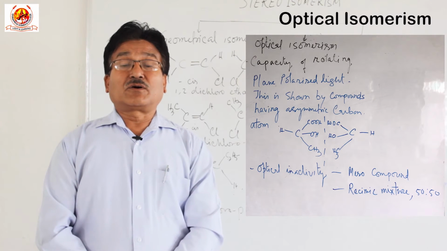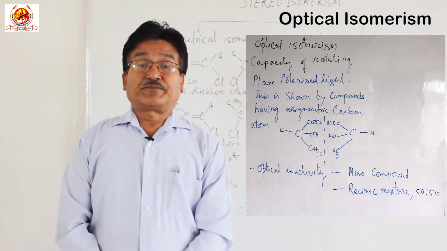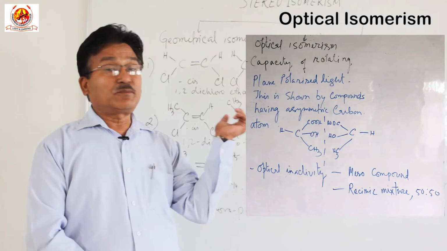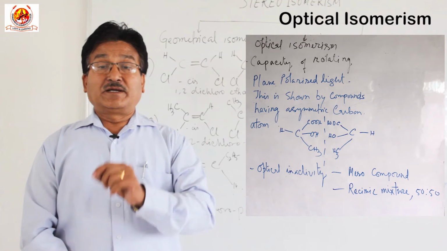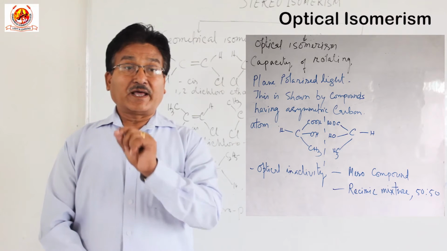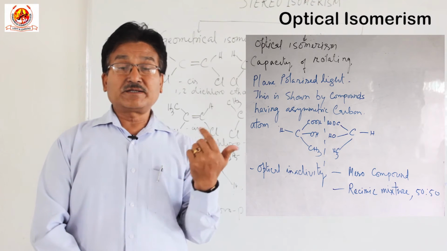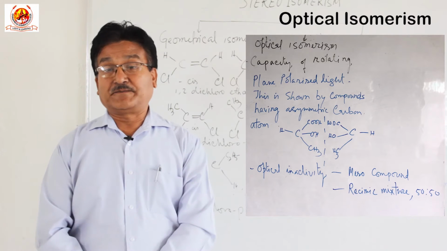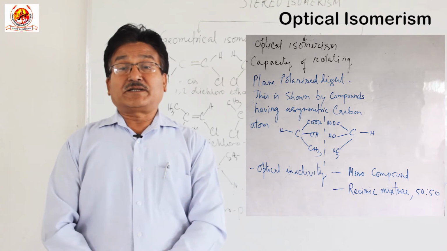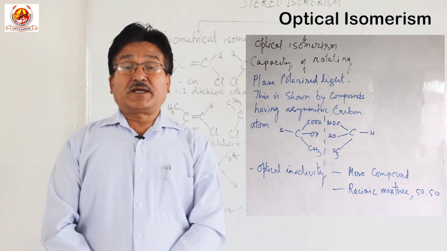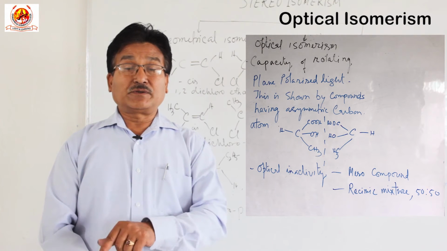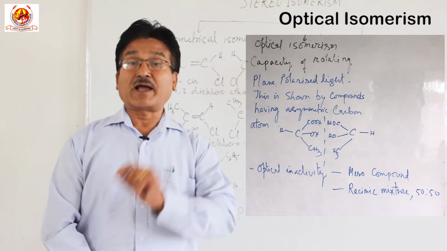Let us take the example of lactic acid. Lactic acid has a positive D form and a negative L form. Lactic acid has four groups: carboxylic acid group, hydroxyl group, methyl group and hydrogen.